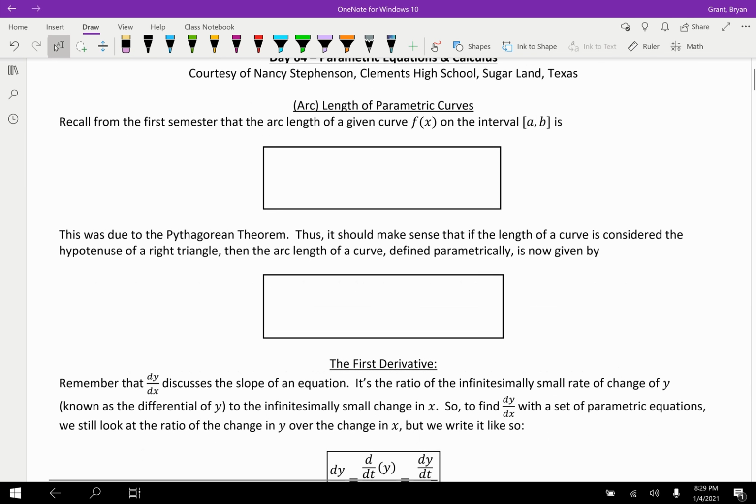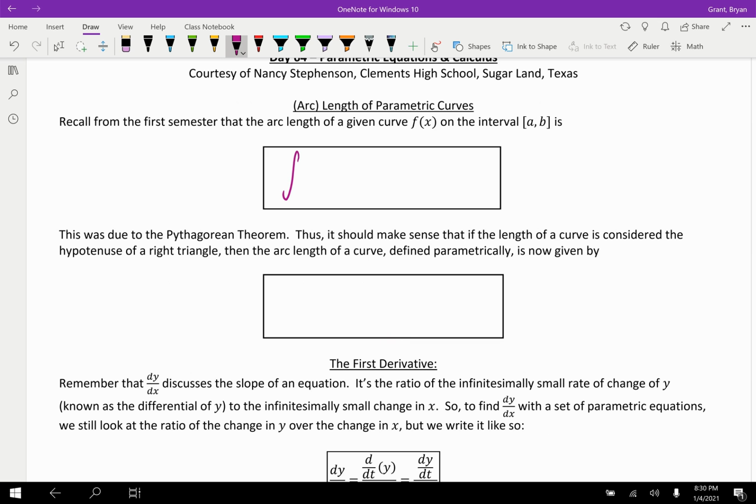In the first semester, we defined arc length of a given curve f of x over an interval. So if we wanted to find how long a piece of a graph was, we called that the arc length, and it was a very weird kind of standalone formula that we did at the very beginning of the semester, and now we're coming back to it. I like to split it into two pieces just so you see it twice instead of just one time.